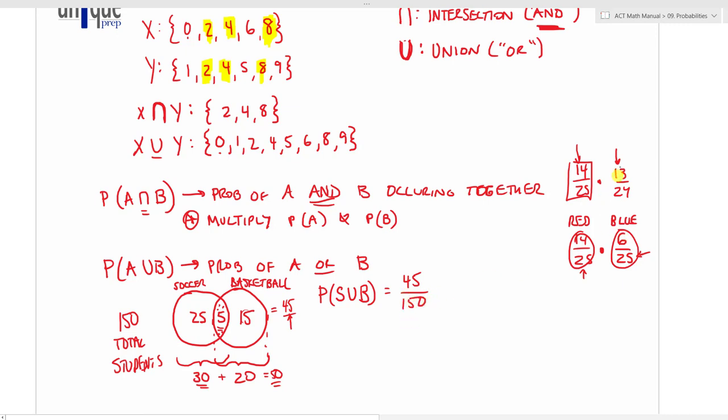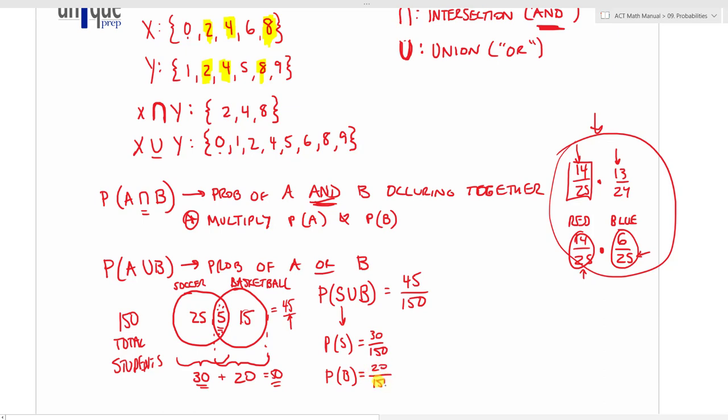If we want to look at this, though, in a way similar to how we did the AND question, here's what we would do. We would add the probability of selecting a soccer player, so that is 30 out of 150. We would add that to the probability of selecting a basketball player, which is 20 out of 150.